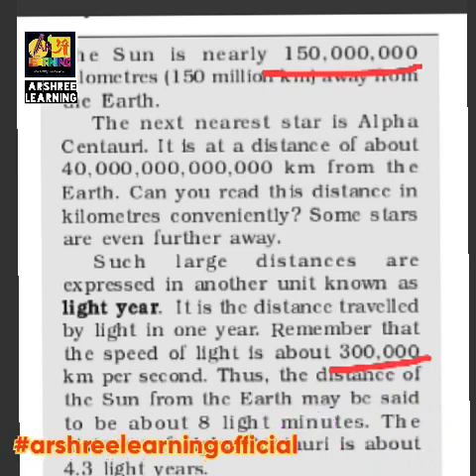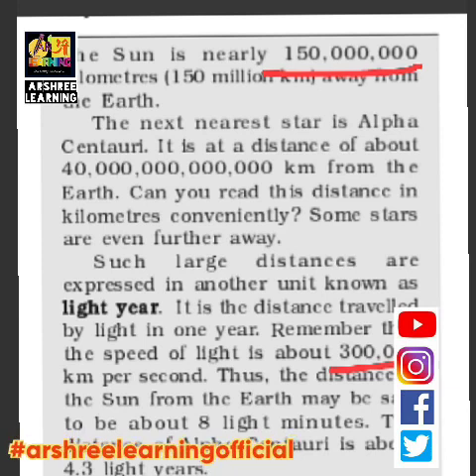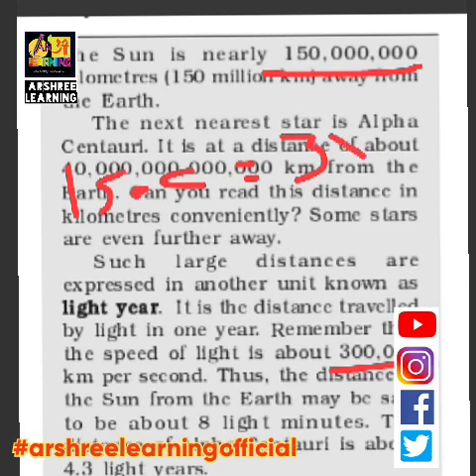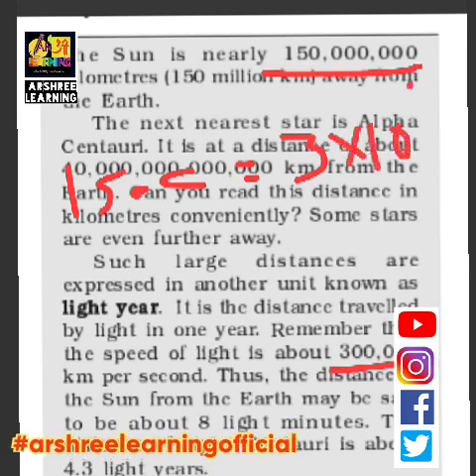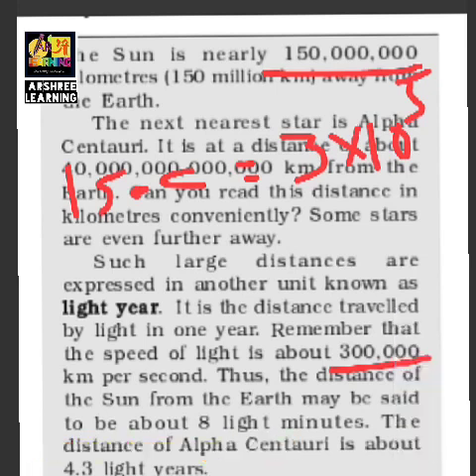So large distances are calculated in light years, and since light travels 3 lakh kilometers in 1 second, 3 lakh means 3 times 10 raised to the power 5, we will calculate how many seconds are there. One minute has 60 seconds, so we multiply by 60.